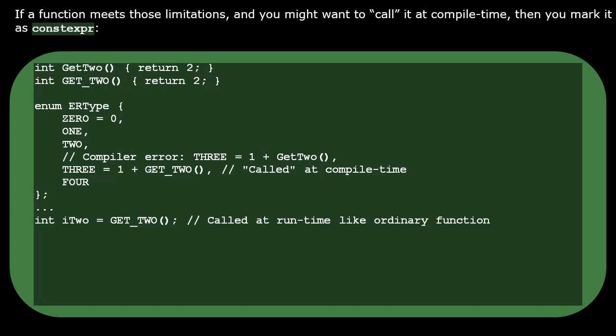If a function meets all of those limitations, and you might want to use it in a compile time version of a call for a compile time constant, then you mark that function's definition with the keyword constexpr.